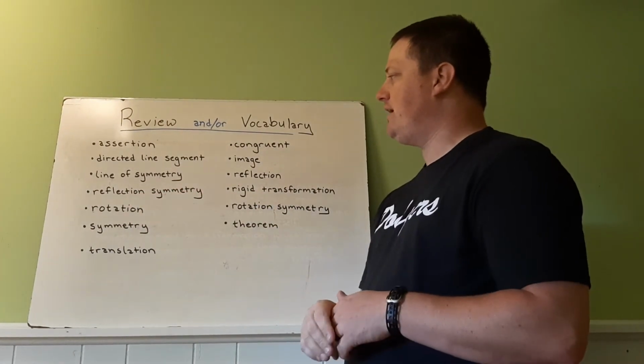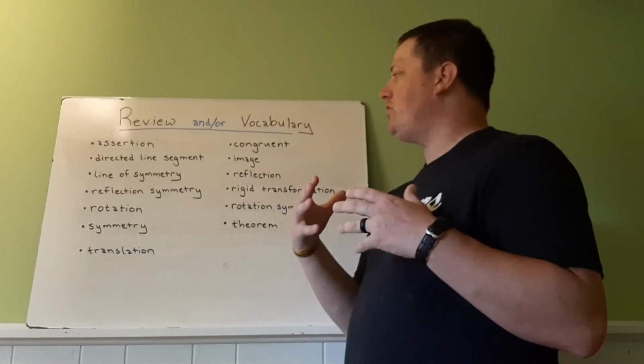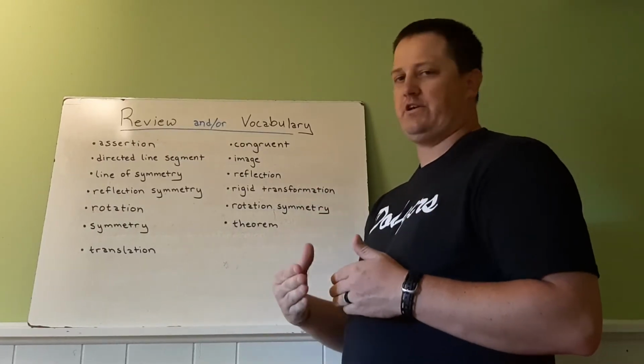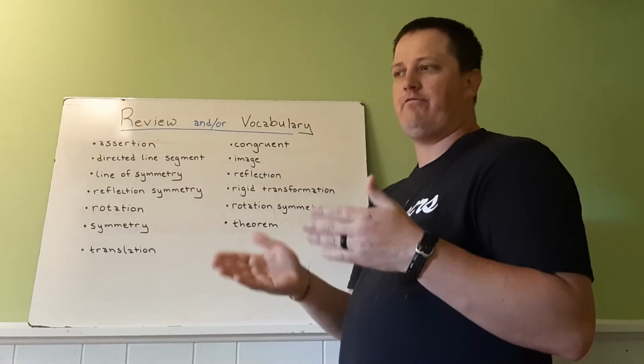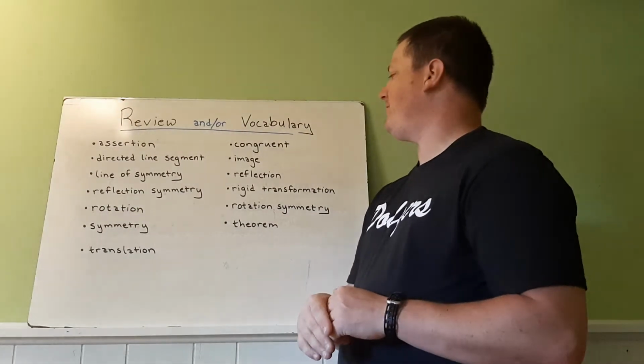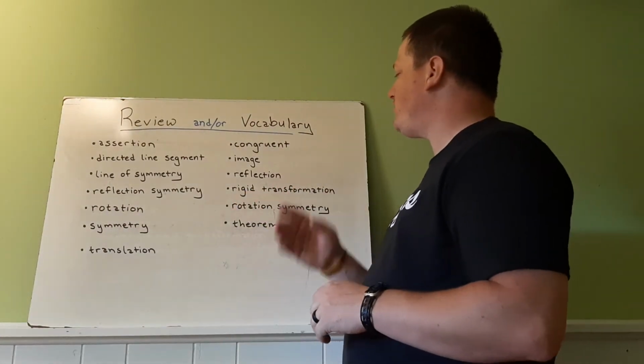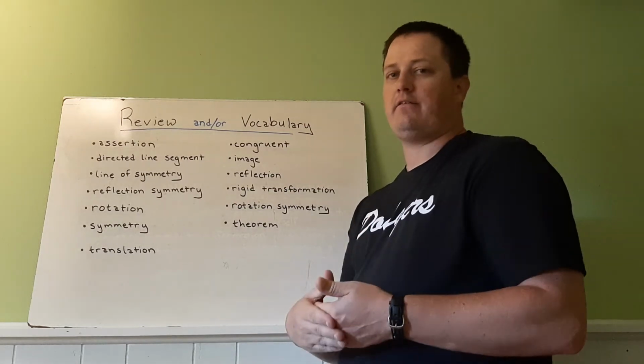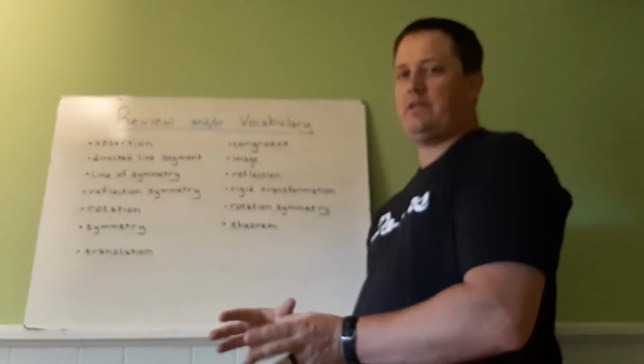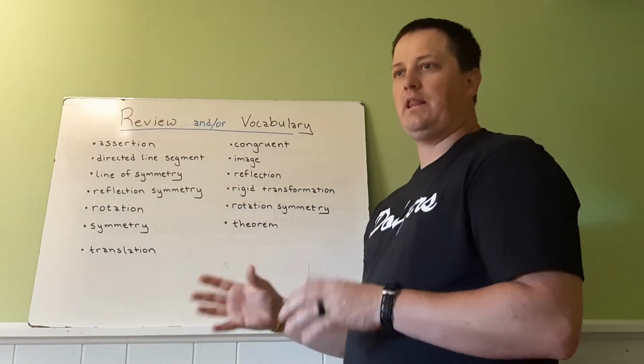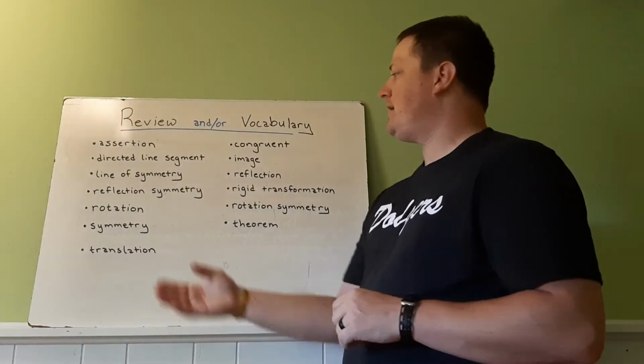Reflection symmetry means that if you use the reflection, it basically can fold right over on top of itself. Rigid transformation is, like I said before, just the ability to move something in some way that keeps it the same but puts it in a little bit different spot.